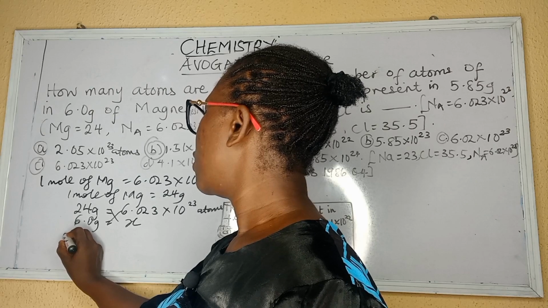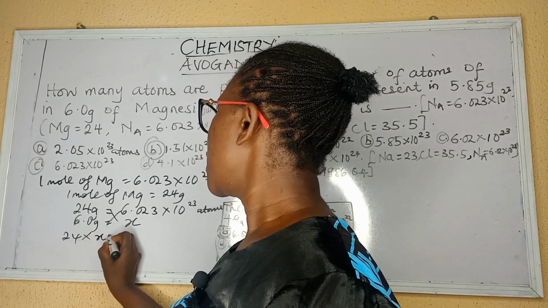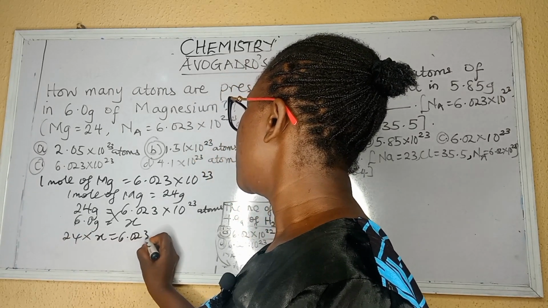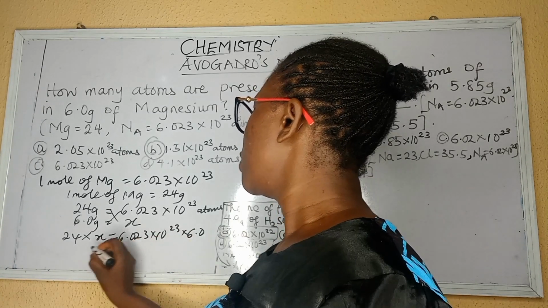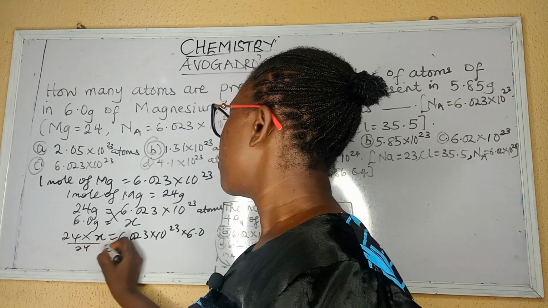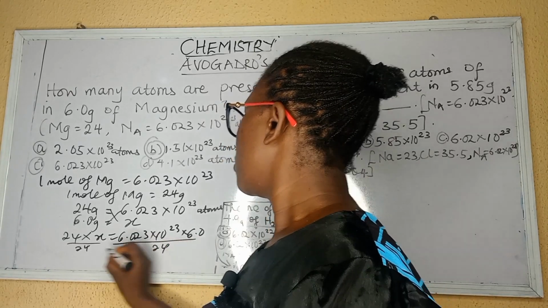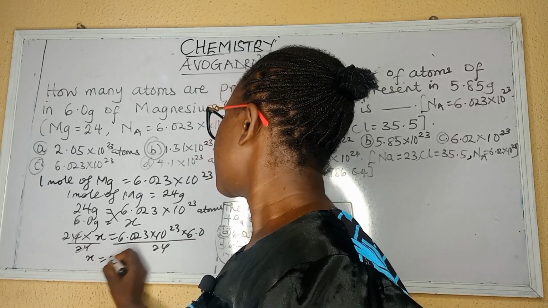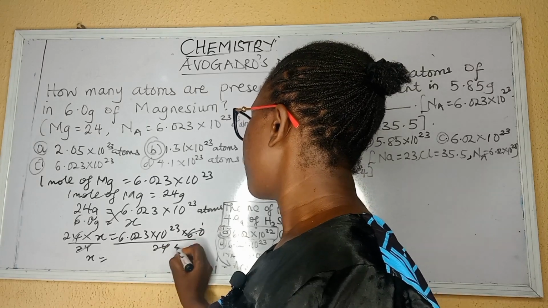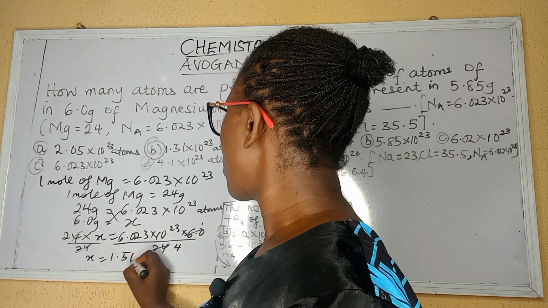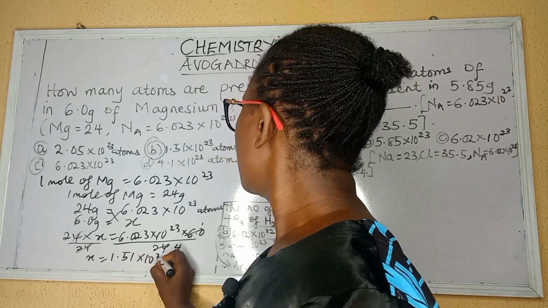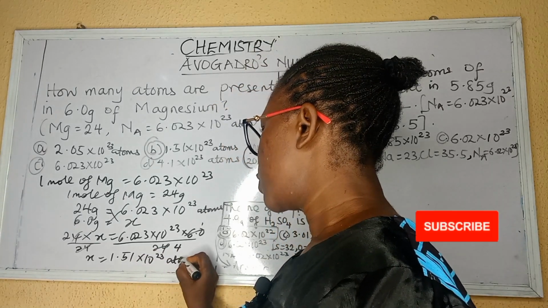We have 24 times x equals 6.023 multiplied by 10 raised to the power 23 multiplied by 6.0. So dividing both sides by 24, we have x equals 6 times 6.023 divided by 24. So our answer is 1.51 times 10 raised to the power 23 atoms.